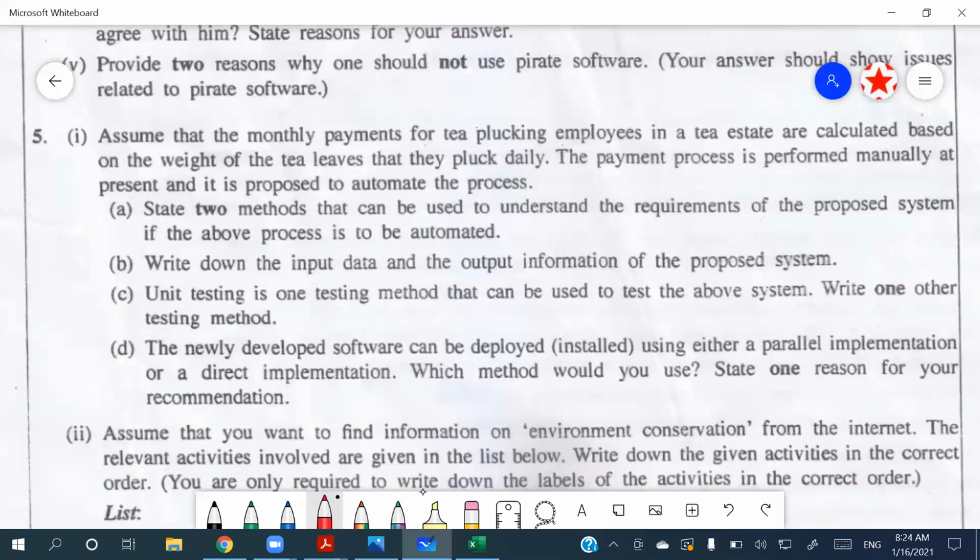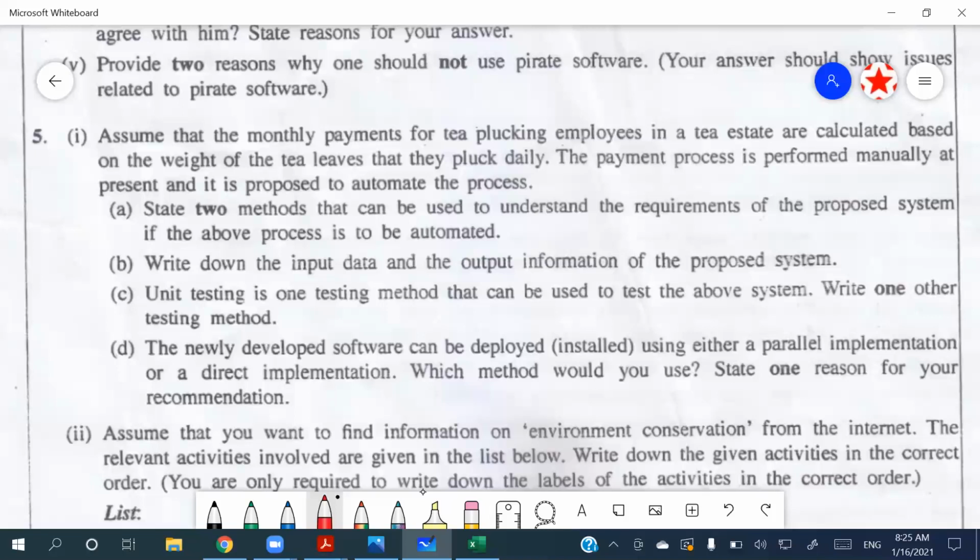The payment process is performed manually at present, and it is proposed to automate the process, right? They have decided to automate it. State two methods that can be used to understand the requirements of the proposed system if the above process is to be automated. So there are many ways that you can use to understand the requirements.